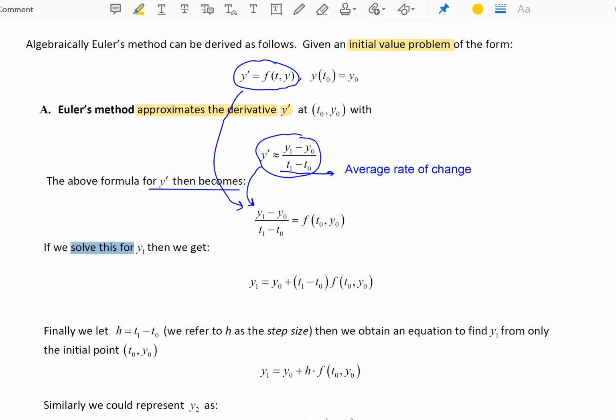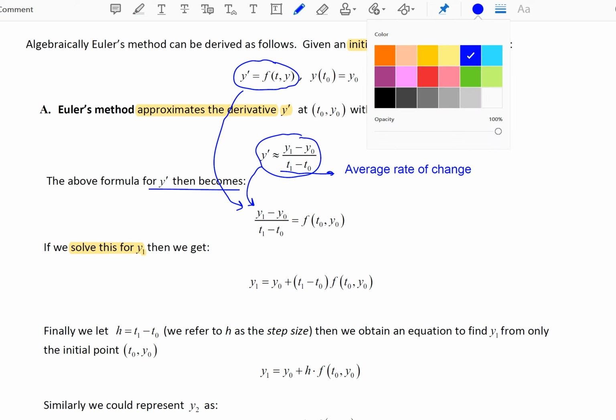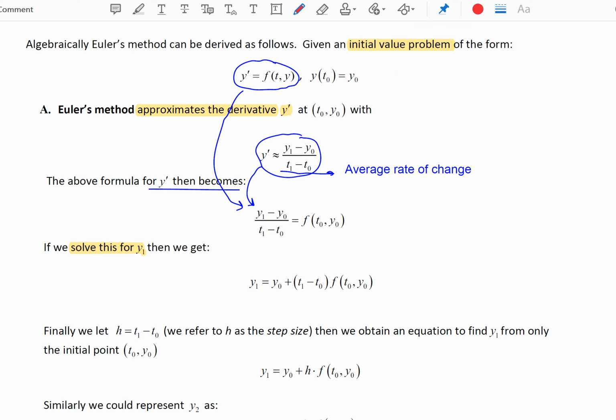If we solve for y1, what I'm going to do is multiply to get the t1 minus t naught on the right-hand side. And then we're going to add the y naught to get it on the right-hand side. So this gives us a way to find y1.